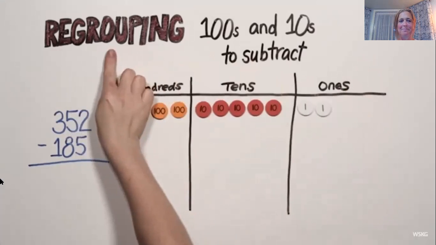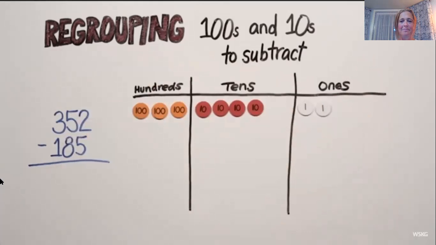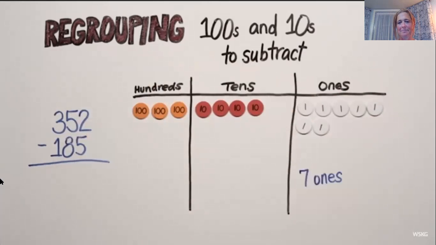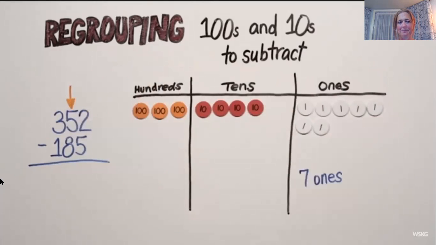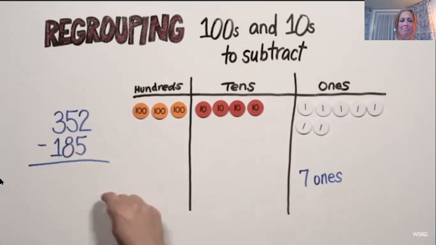So let's regroup. Trade in 1 ten for 10 ones. Now we can take away 5 ones. 7 ones are left. Next, subtract tens from tens. We have 4 tens, and we need to take away 8 tens.